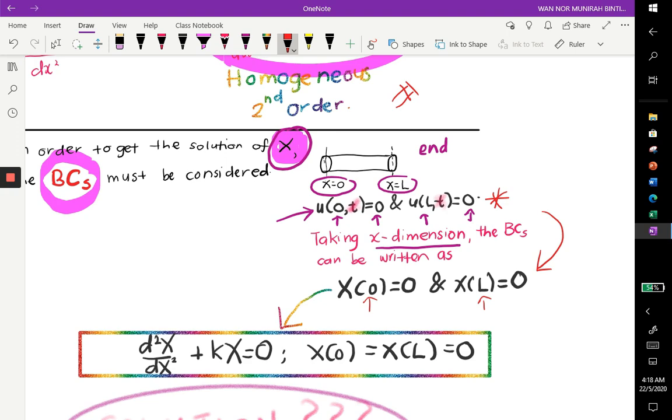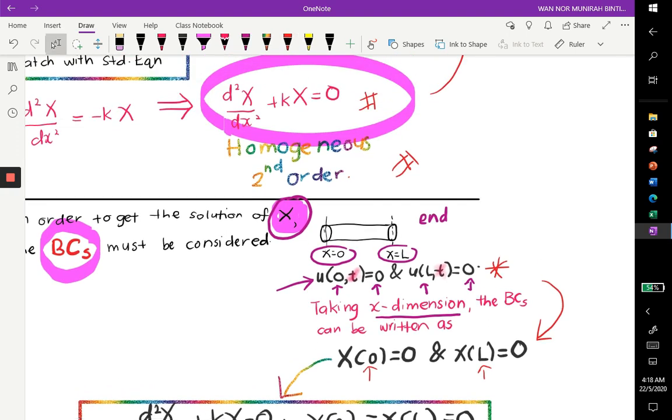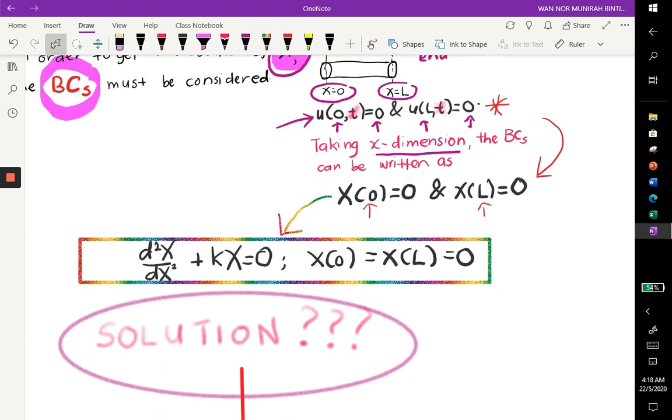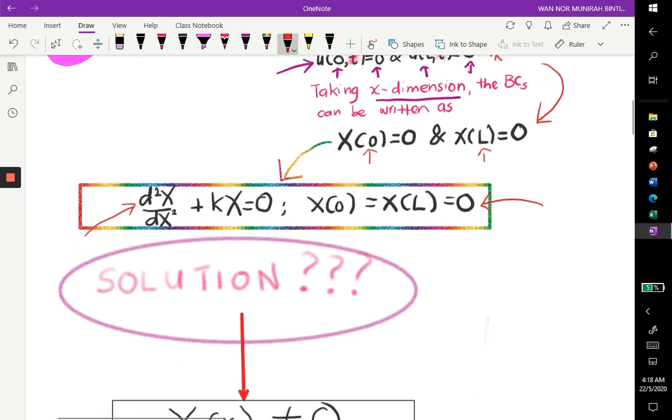So I can conclude that the equation we want to solve, d square X dx square plus kX equals 0, can be rewritten as the same thing with the boundary conditions X(0) equals 0 and X(L) equals 0.